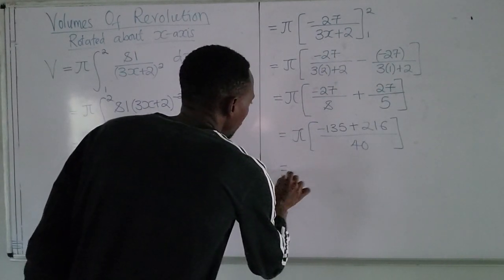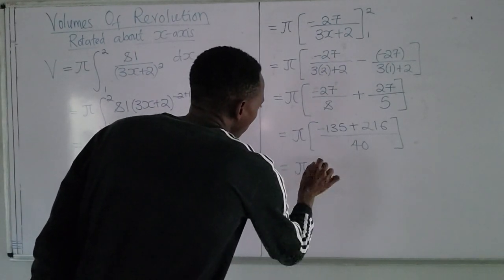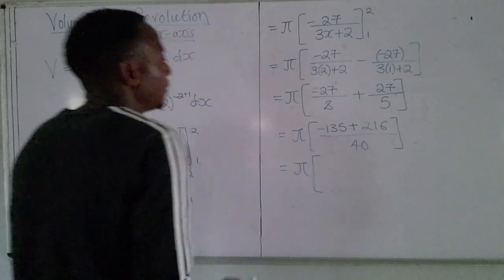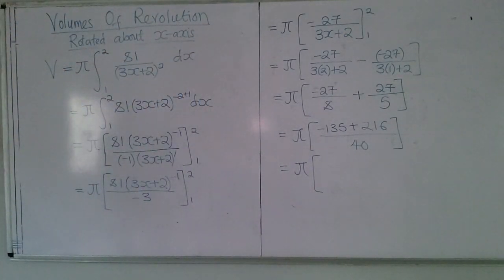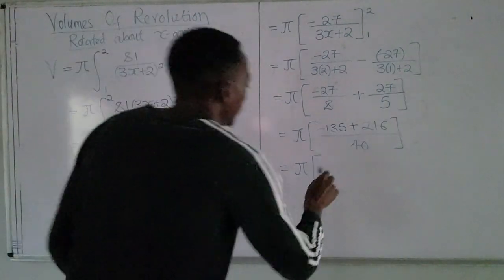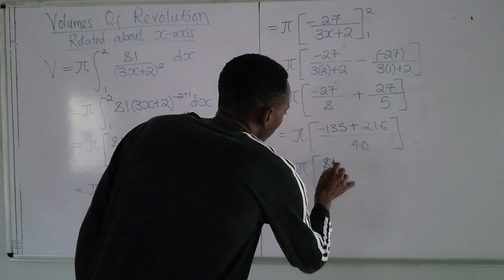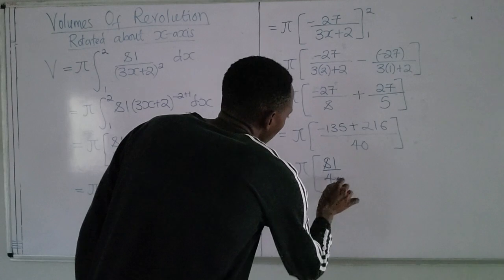So from here we proceed. What is the difference between 216 and 135? We are going to get 81 over 40.